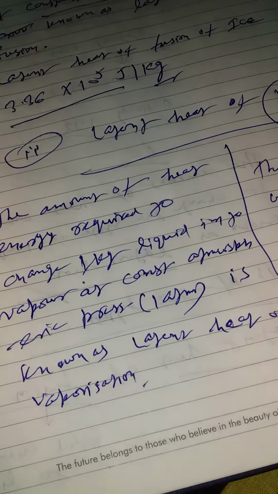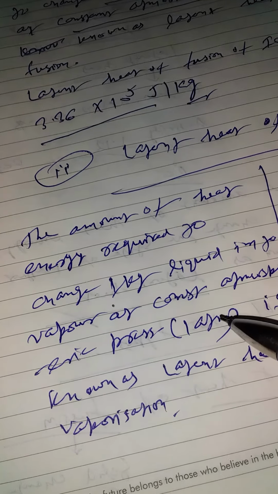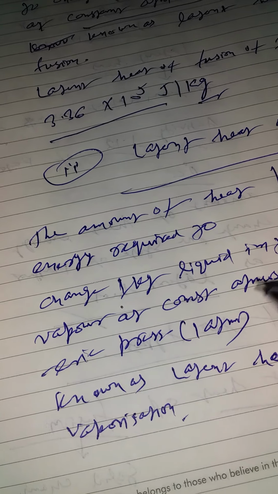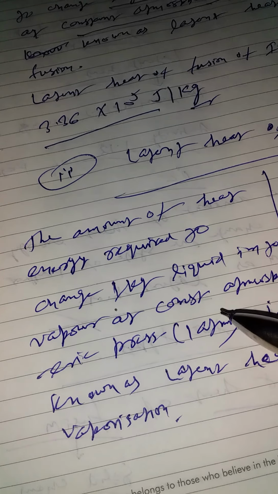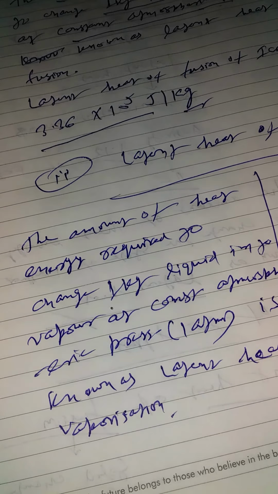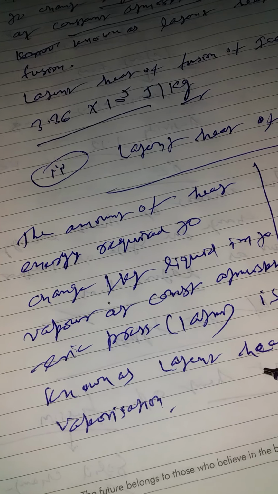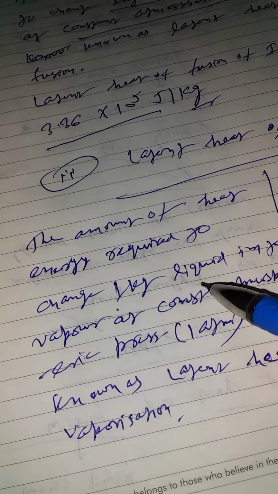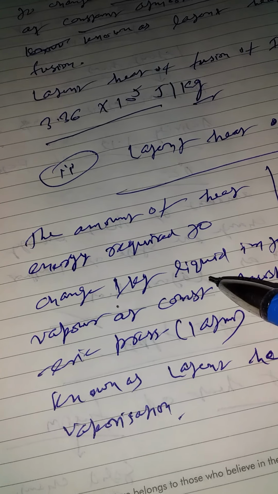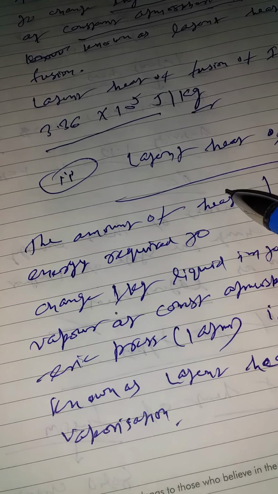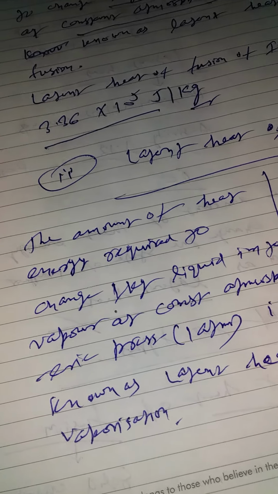That means when 1 kilogram liquid, that means 1 kilogram water, converts into its vapor form, the hidden heat required is known as latent heat of vaporization of water.